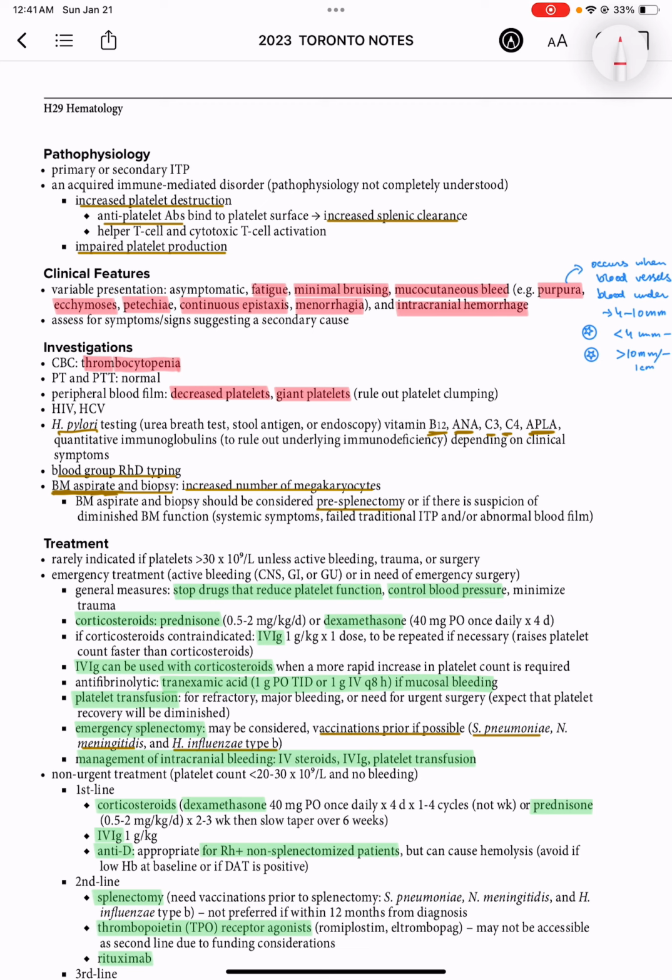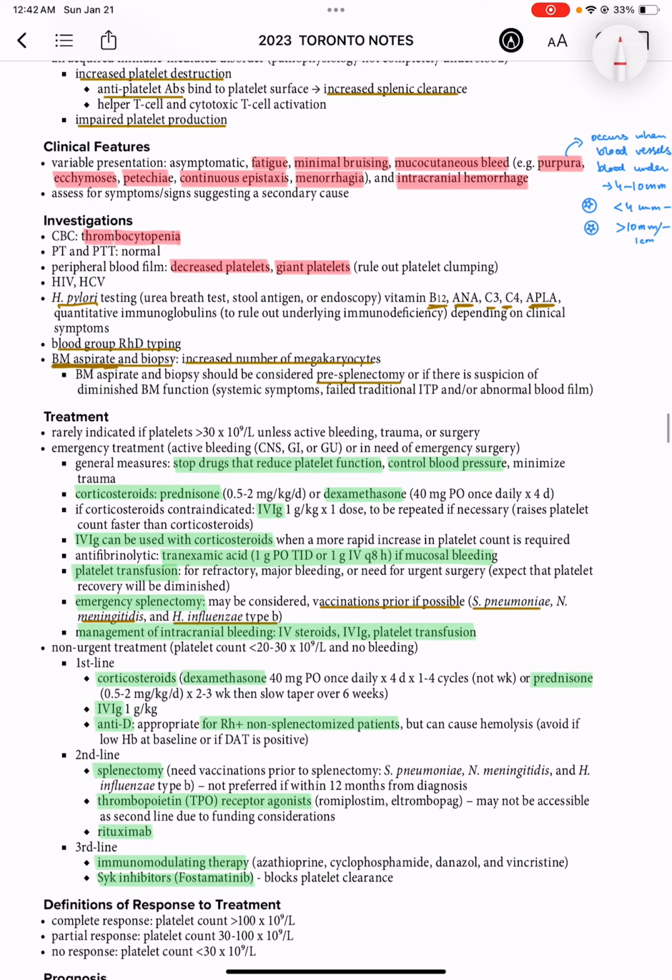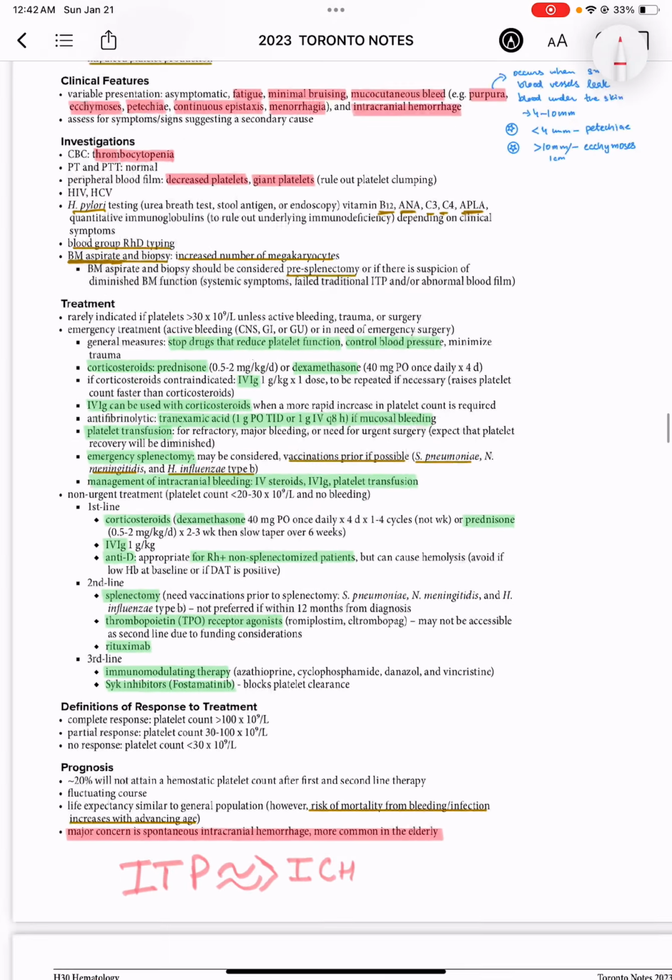We're going to test B12, ANA, complement levels, APLA, antiphospholipid antibodies, and then blood group also, Rh typing, and then bone marrow aspirate and biopsy, because in ITP we'll see an increased number of megakaryocytes. A bone marrow aspirate and biopsy should be considered pre-splenectomy also, or if there's a suspicion of diminished bone marrow function, that is, if we see some systemic symptoms.